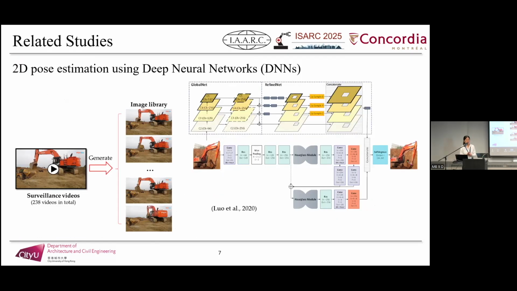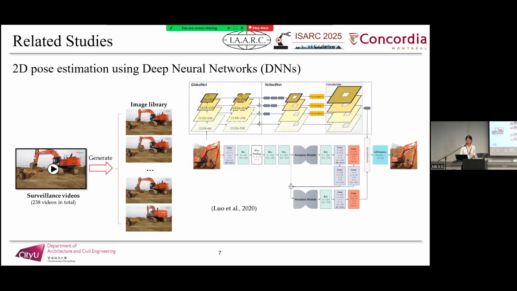In our previous studies, we tried to explore how a deep neural network can help us estimate the 2D postures. We collected over 200 videos and developed a deep neural network framework to estimate the 2D postures from those videos, and eventually we can predict this kind of 2D postures of the excavators.